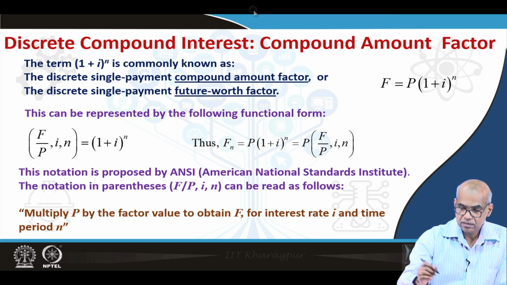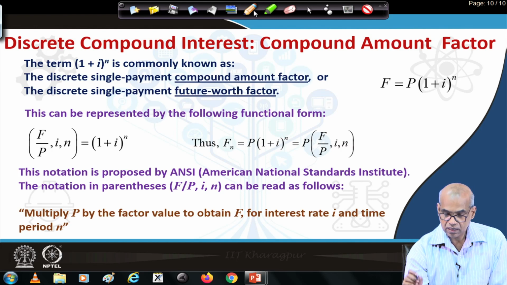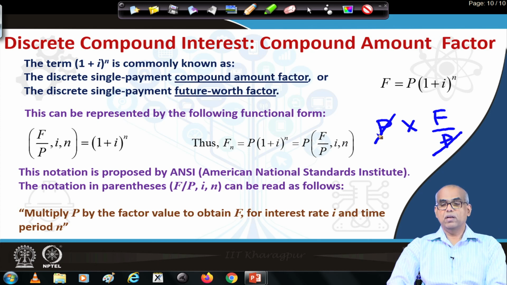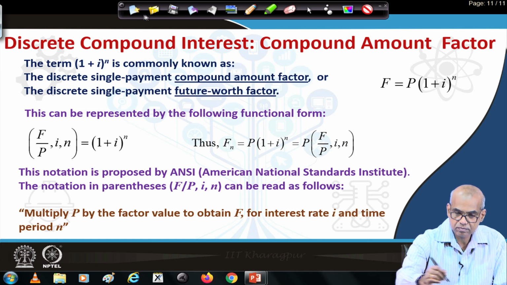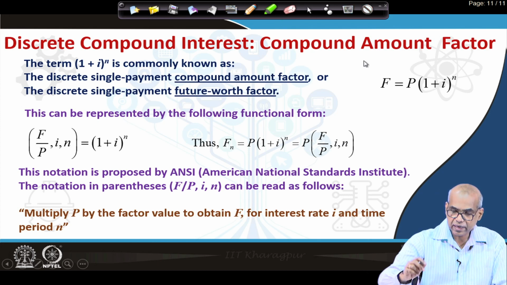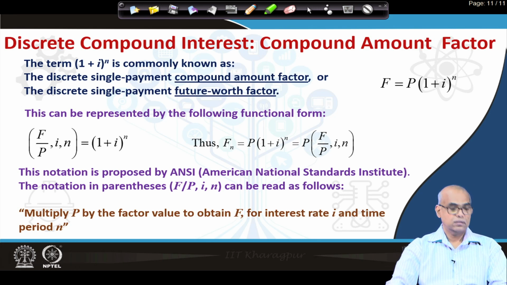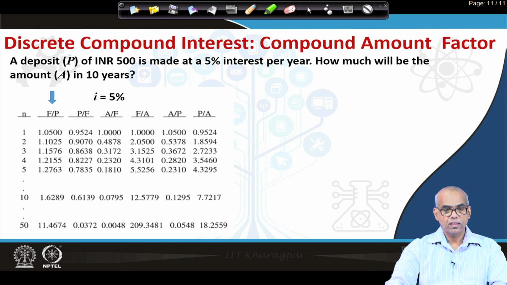Note that it is dimensionally correct. So, we multiply P with F by P, and I get the future value. Now, we will take an example so that you understand it better.